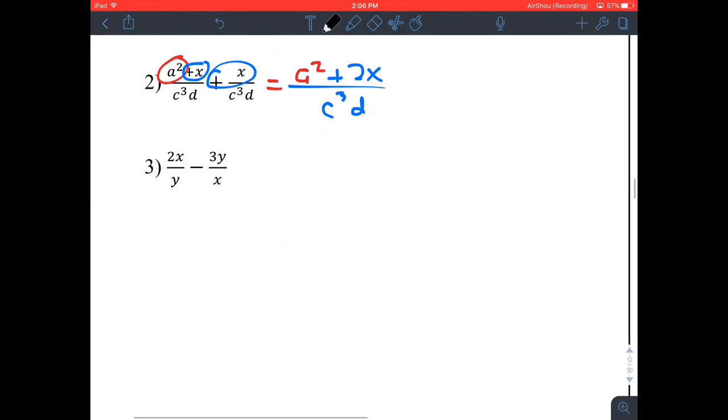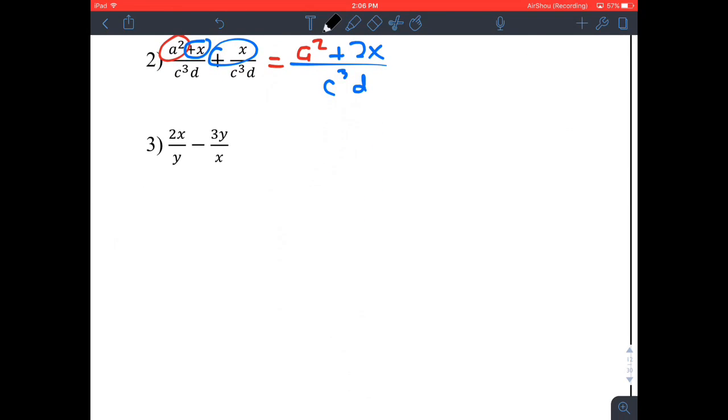Number 3, more complicated because we do not have common denominators. So to get common denominators, we're going to multiply the first fraction by 1, in the form of x over x. Remember, when you multiply something by 1, it doesn't change its value, it just changes the way that it looks. I'm going to multiply the second fraction by 1 in the form of y divided by y.